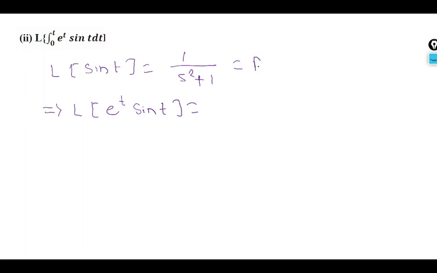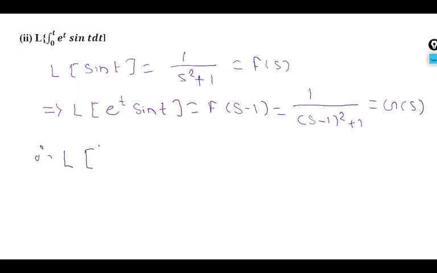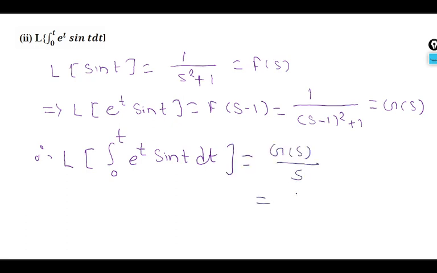If this is your f of s, this is f of s minus 1, and the answer is 1 upon (s minus 1) whole square plus 1, and suppose this is the g of s. Then the last step, Laplace of integral 0 to t e raised to t sine t dt is g of s upon s, and the answer is 1 upon s into (s minus 1) whole square plus 1. So this is the end of the question.